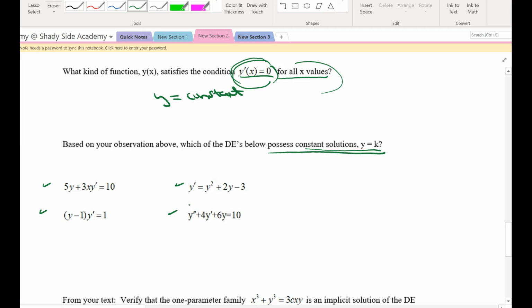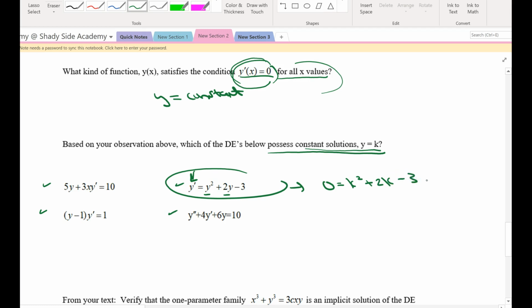So let's see what happens. I'll take a look at this one, for example. Well, if y equals k was a solution, that would mean y prime equals 0. And y squared and 2y would be a constant, right? So this would become 0 equals some constant squared plus 2 times some constant minus 3.